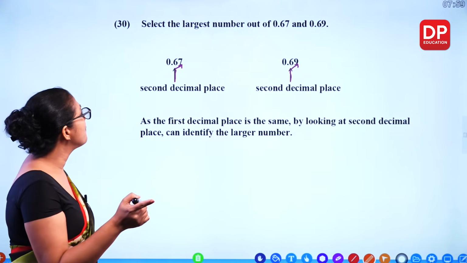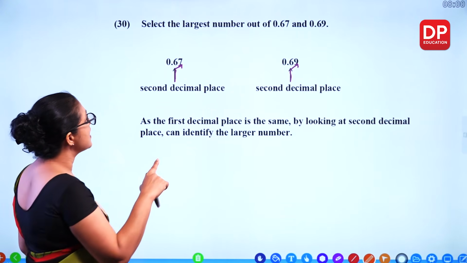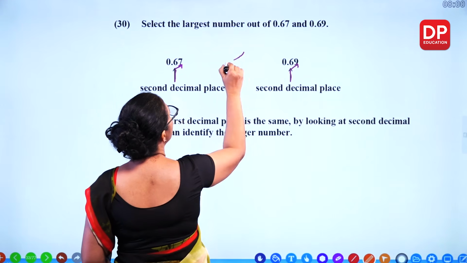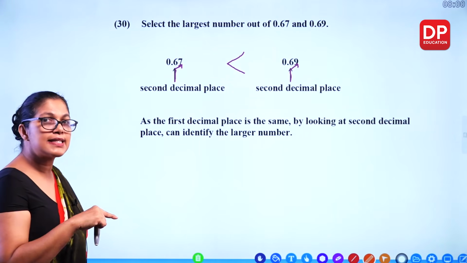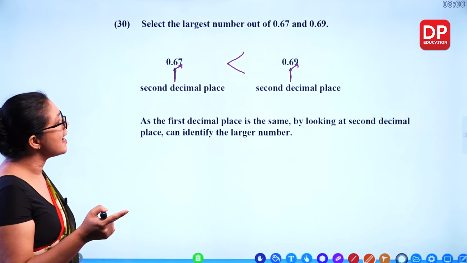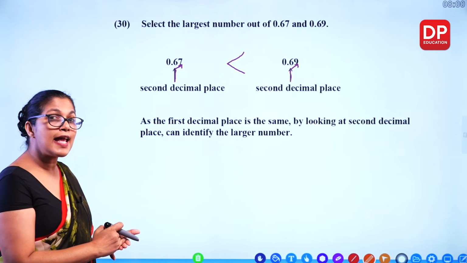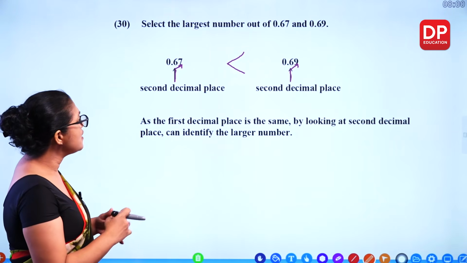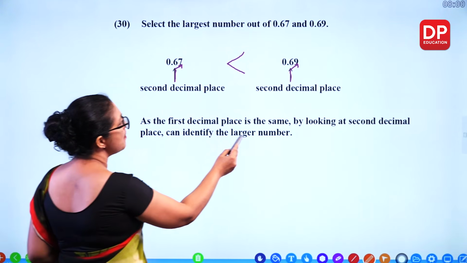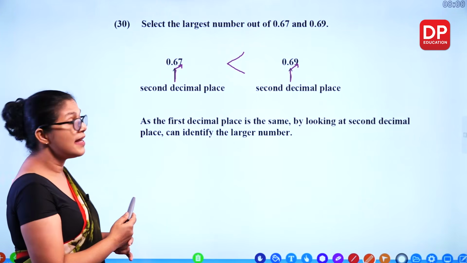Which one is bigger? 9 is bigger than 7, so we can say this number is bigger than this. 0.67 is less than 0.69. So if the first decimal place is the same, you go to the next one and see which one is bigger.